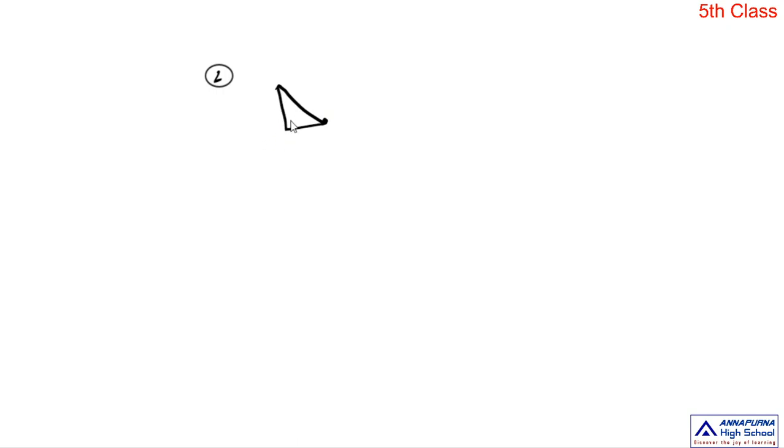How many sides and corners are there? 1, 2, 3. Suppose ABC is a triangle. AB is one side, BC and AC are the other sides. In this diagram, it has 3 sides. So this is called a triangle.